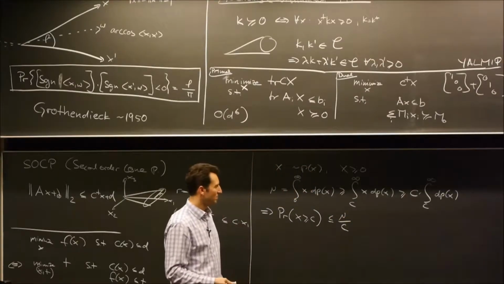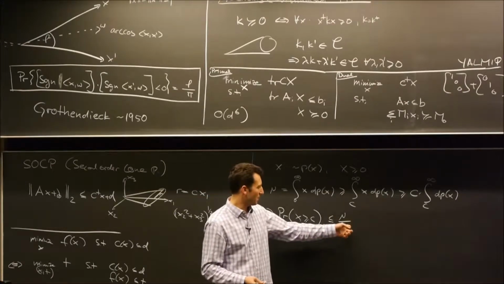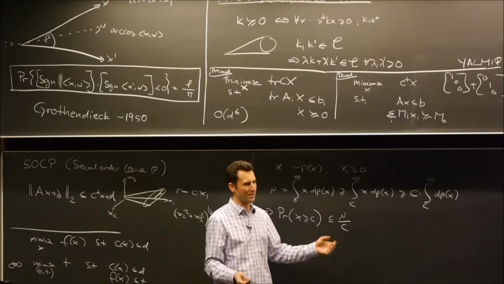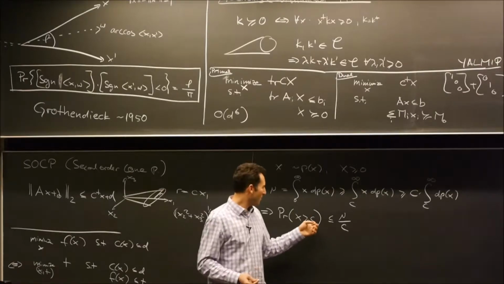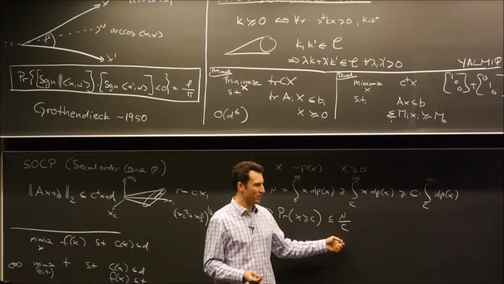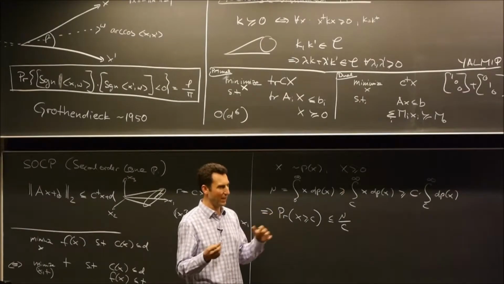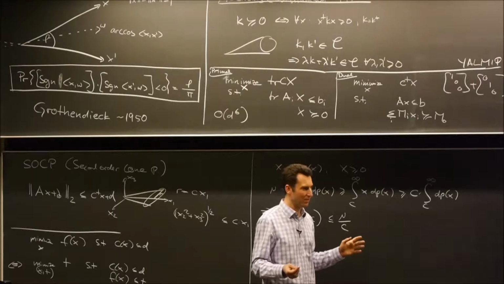Okay. So this is obviously useless whenever c is less than mu, because then we just show that the probability is less than, let's say, 1.5. But whenever we have some random variable that characterizes something bad happening, we know that this random variable is non-negative.